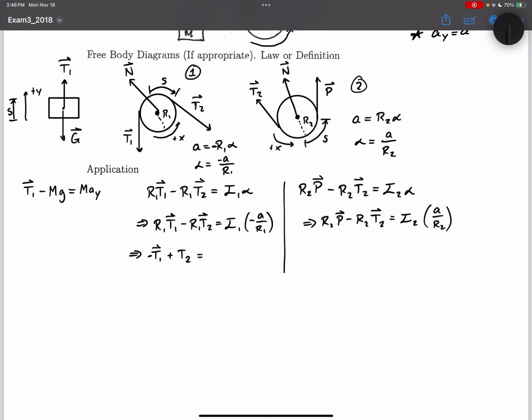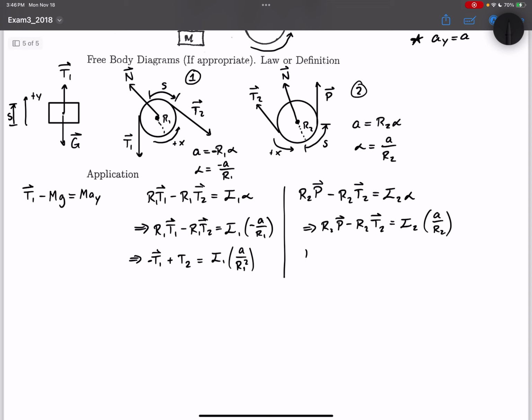So then we're going to have I1 times A over R1 squared, because we divided R1 over to the right-hand side. And the same thing over here: we have P minus T2 equals moment of inertia sub 2 times A over R2 squared.